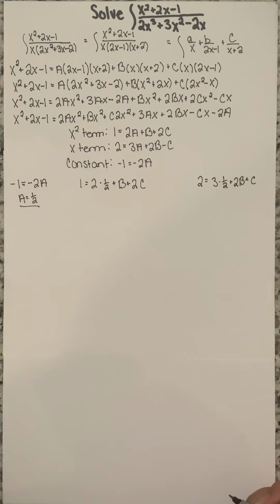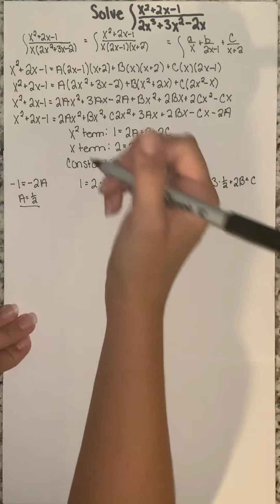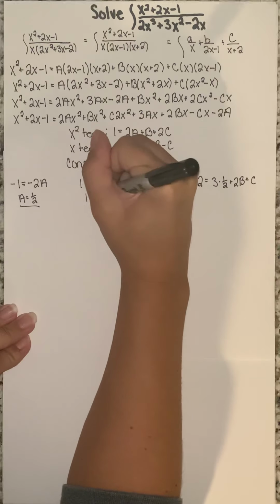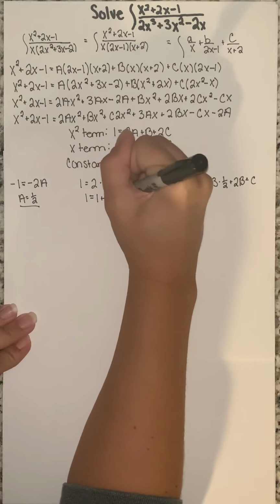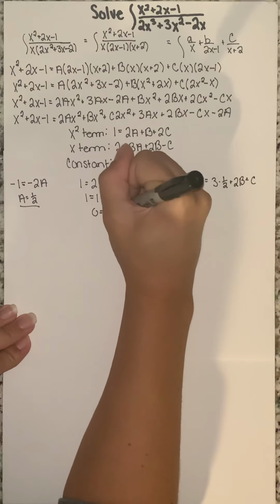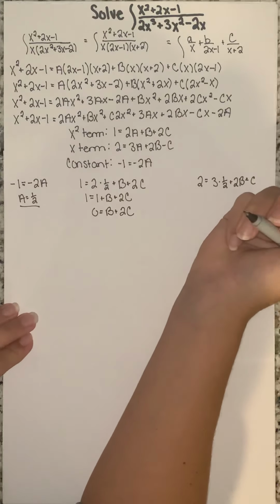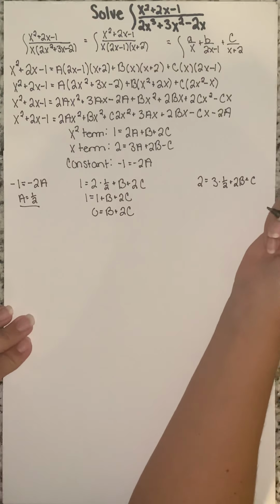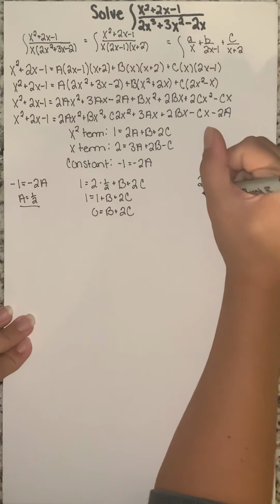By using algebra, we will simplify the two equations. For our x squared term, we get 0 equals b plus 2c.